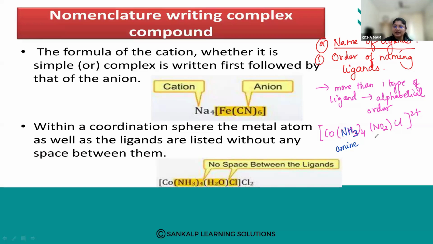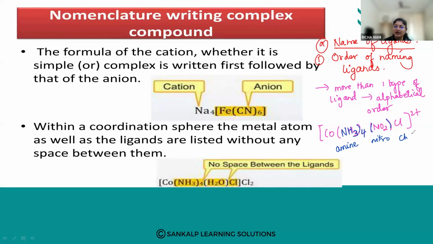Next you have the nitro group, and next you have chlorido. Now you tell me, between the ligands, which comes first alphabetically? Ammine, right? First will come ammine, then chlorido, and then nitro. The name given for chlorine is chlorido.